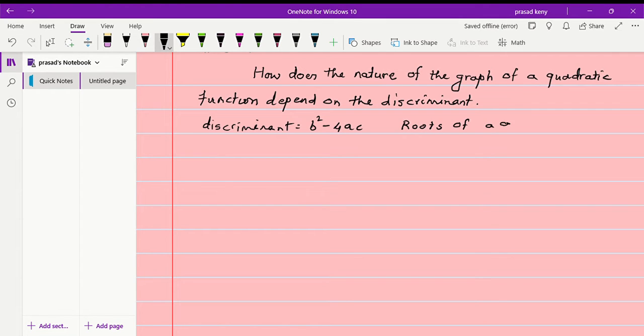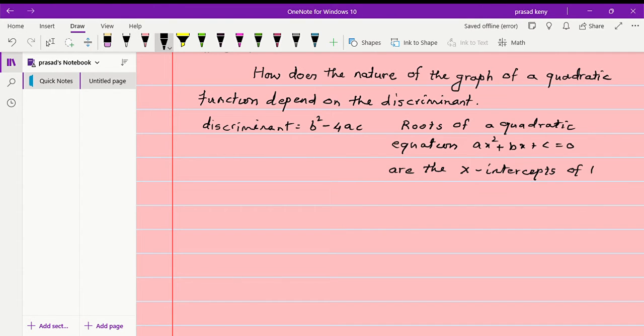a quadratic equation which is in the form, say, ax square plus bx plus c is equal to 0 are the x-intercepts of the quadratic function f(x) is equal to ax square plus bx plus c.